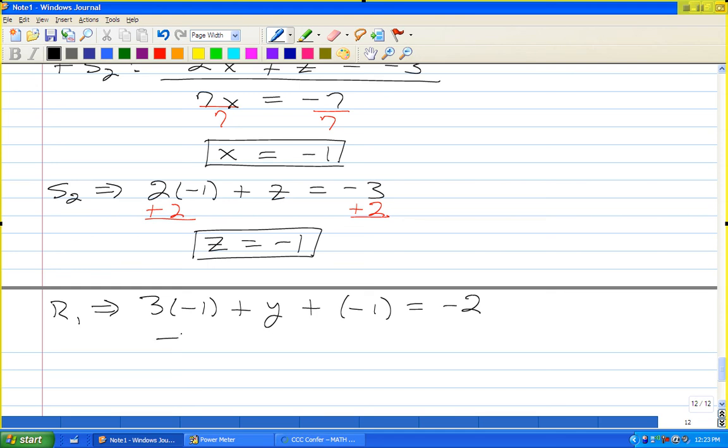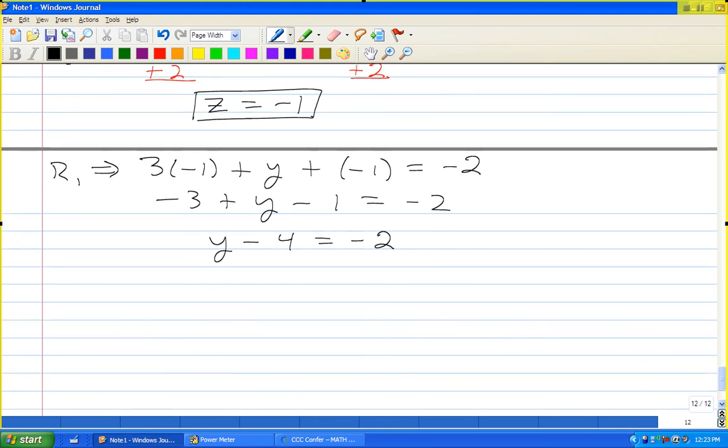So negative 3 plus y minus 1 is negative 2. So y minus 4 is negative 2. So add 4 to both sides of your equation. So y is equal to 2.